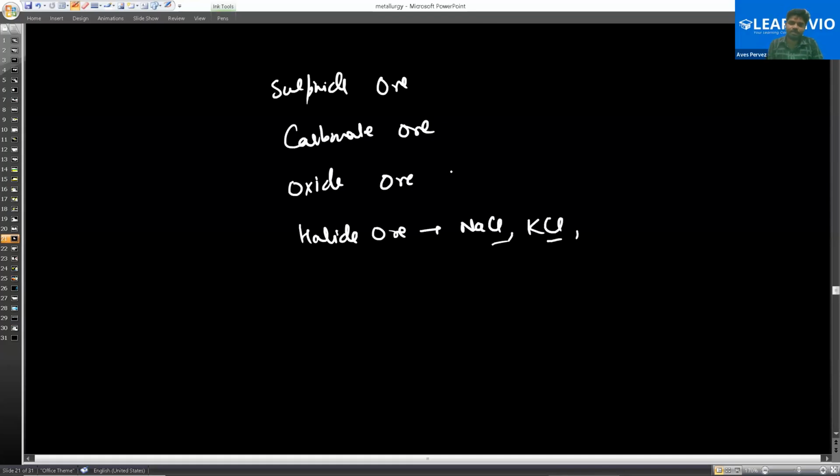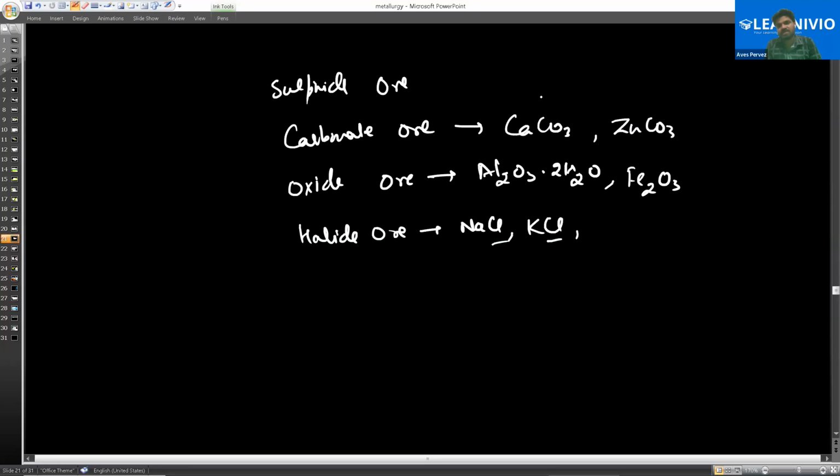Okay, oxide ore is like Al2O3, Fe2O3. Carbonate ore is like CaCO3, which contains carbon. Sulfide ores are like PbS, lead sulfide, or you can say HgS.